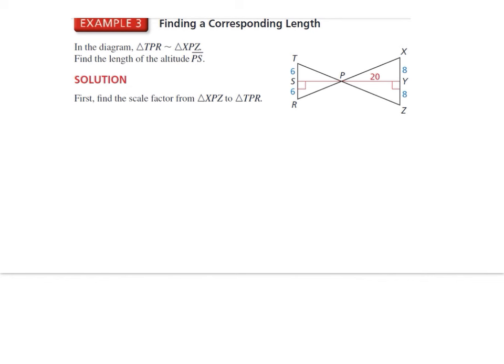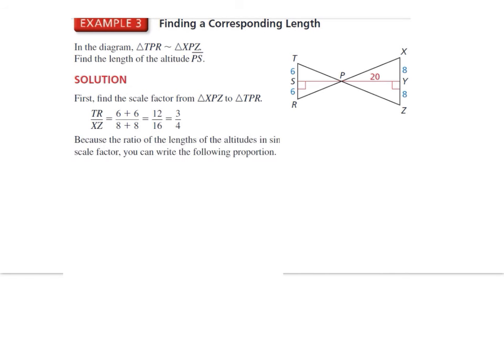So that means we have a smaller number, less than 1, having to go from big to small. You can pick any corresponding sides to set up. Let's look at TR, which we can see by our diagram here: 6 plus 6, which would be 12, corresponds to XZ, which would be 8 plus 8, which is 16. So we have 12 divided by 16, which simplifies to 3/4. You always want to simplify your fractions.